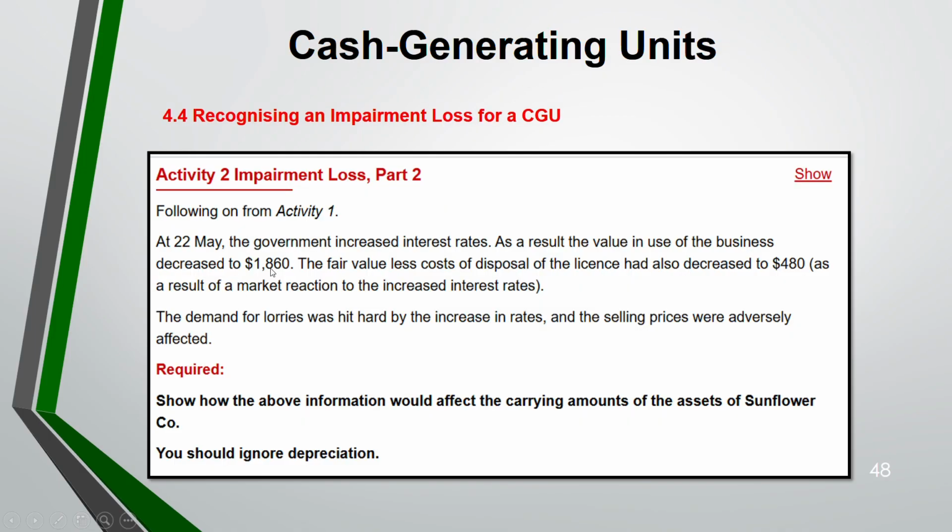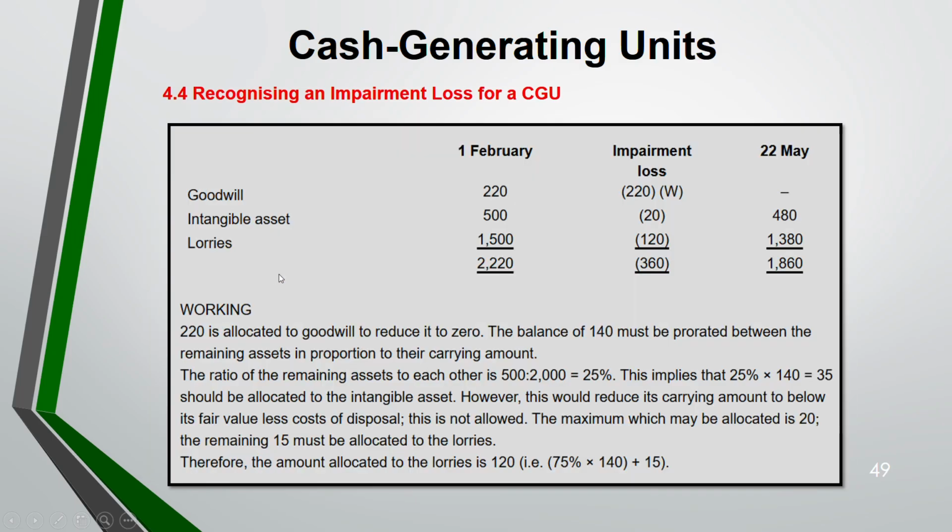You simply calculate the difference between your carrying amount and 1860, which is 360. Out of this 360, 220 is for goodwill. You will bring it to 0.